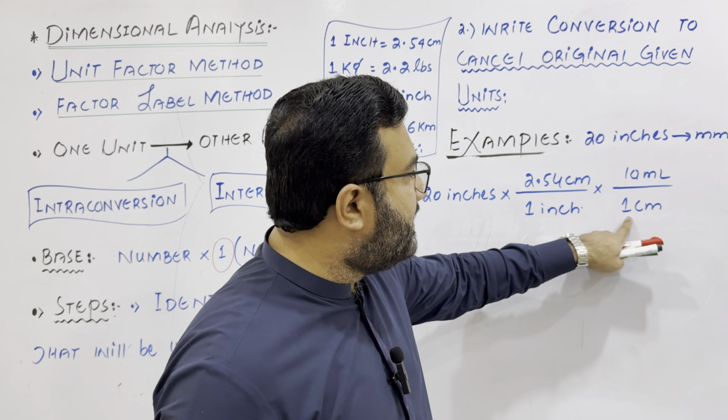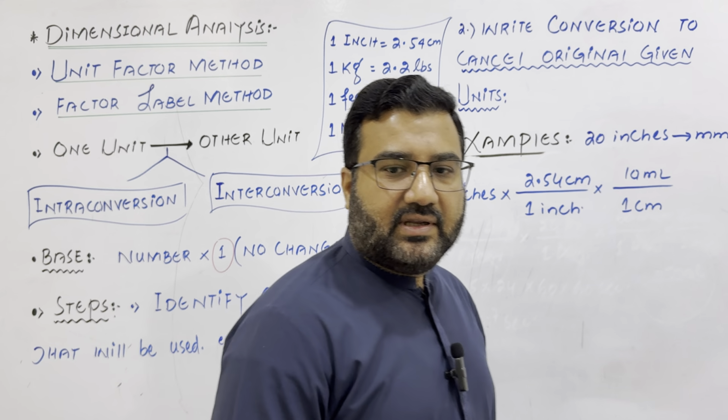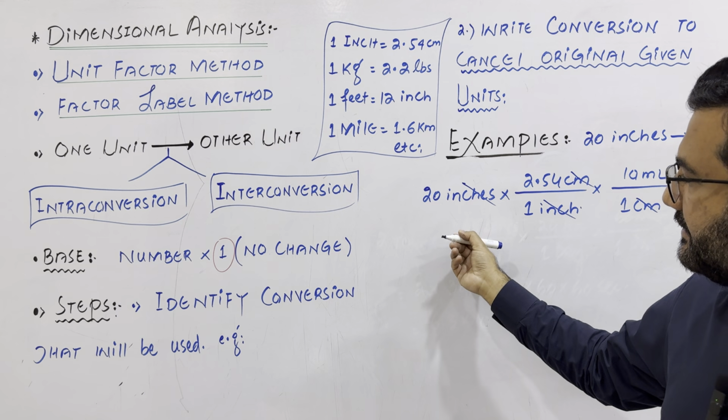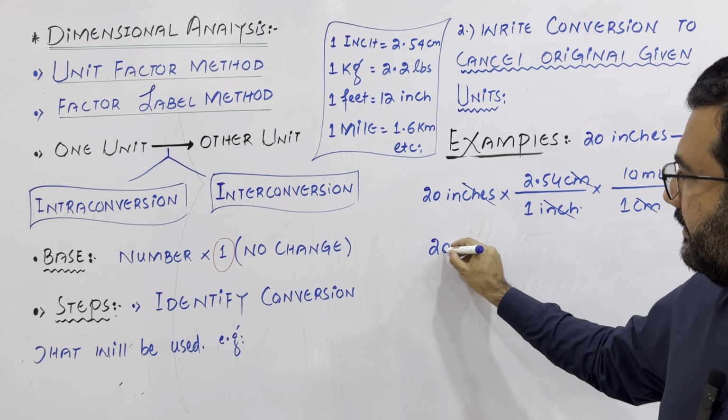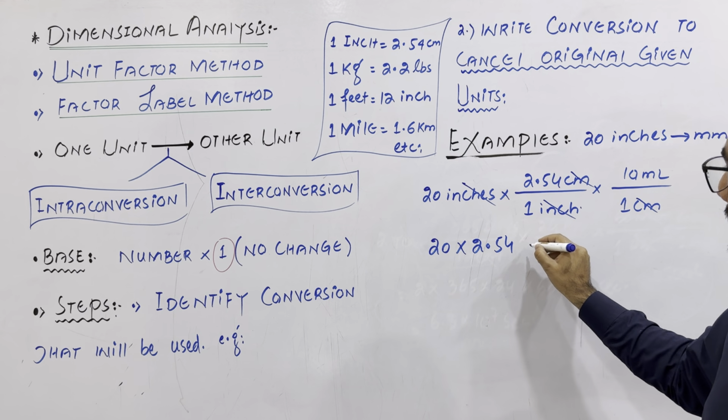If you don't know that 1 centimeter has 10 mm, this conversion is impossible to perform. So inches cancelled with inches, centimeters with centimeters, and you will get 20 multiplied by 2.54 multiplied by 10 mm, and the answer will be 508 mm.